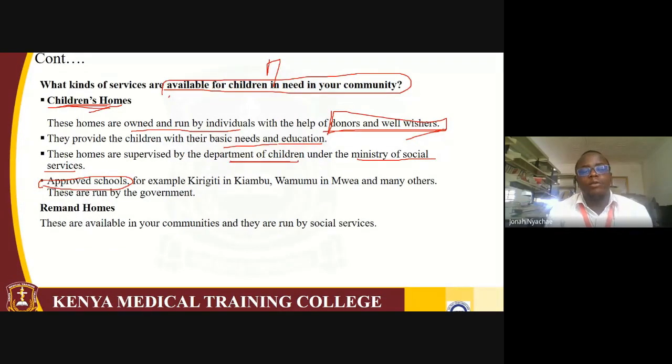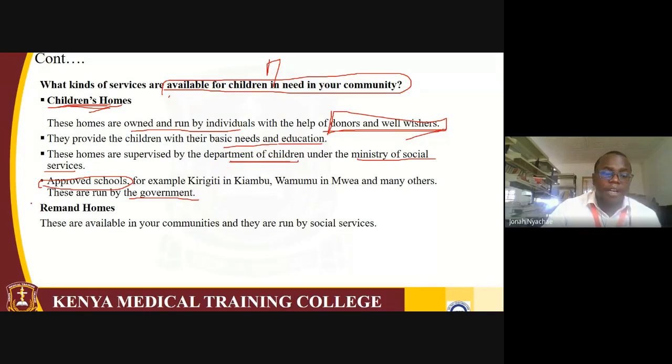These approved schools are usually there to try and correct this behavior. For example, you may find Kirigiti in Kiambu, another one, Wamumu in Mwea, and another approved school in Kakamega. And those approved schools are usually run by the government.